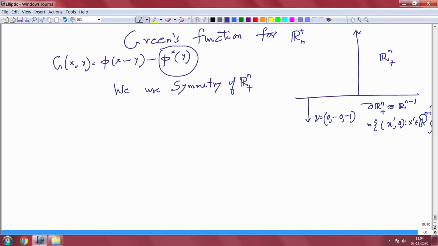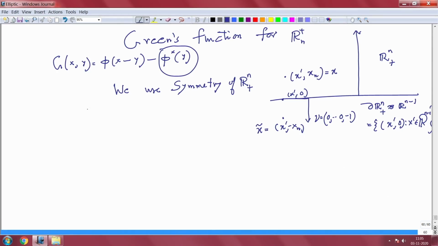If you take a point x prime, x n here, let me extend it, you look at its symmetric point here, which will be x prime, minus x n, and when you come to the boundary it will be x prime, 0. So, this is your x, and I call its reflection x tilde.